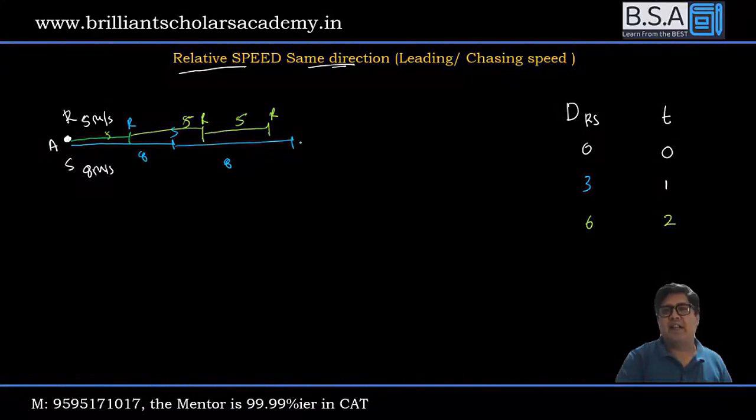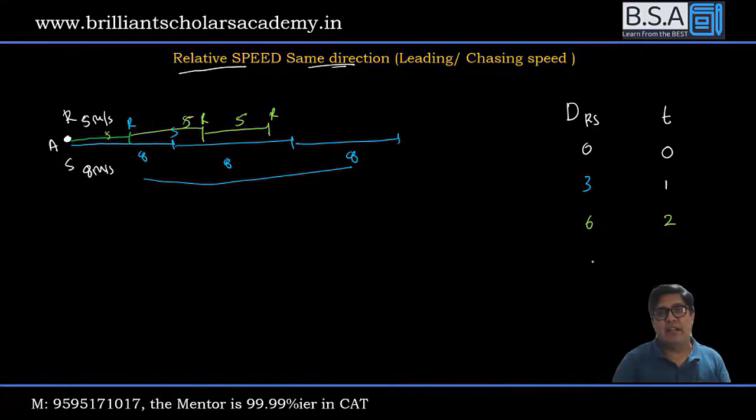Now you can see a clear pattern. With every passing second, what is the total distance of this fellow? 24. This fellow's total distance is 15. 24 minus 15, 9 meters. The gap created is 9 meters in 3 seconds.